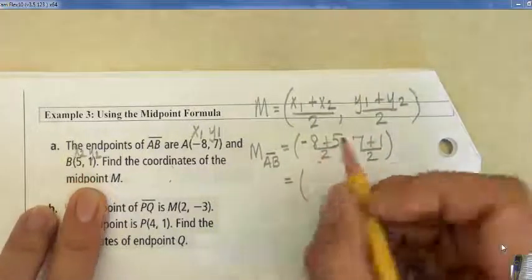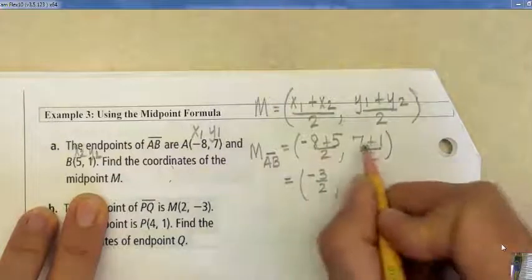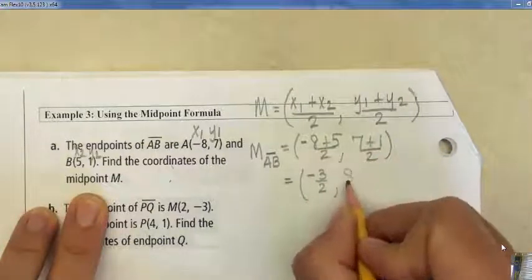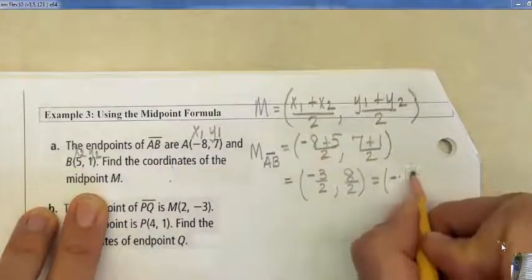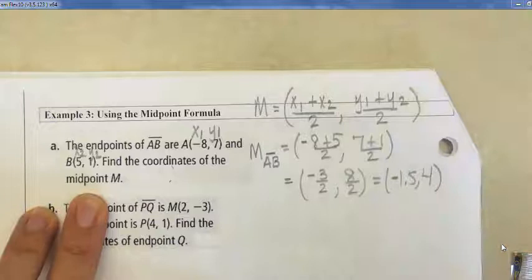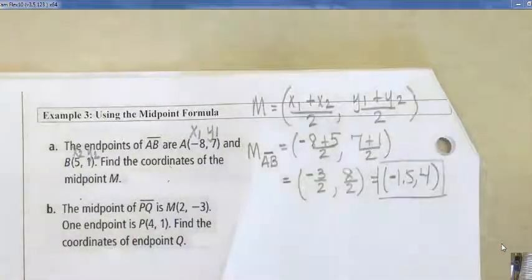So -8 plus 5, well, that's -3 halves. And then 8 over 2, or in other words, this is 4. So that's my midpoint right there, and I didn't even have to graph it, which is pretty cool.